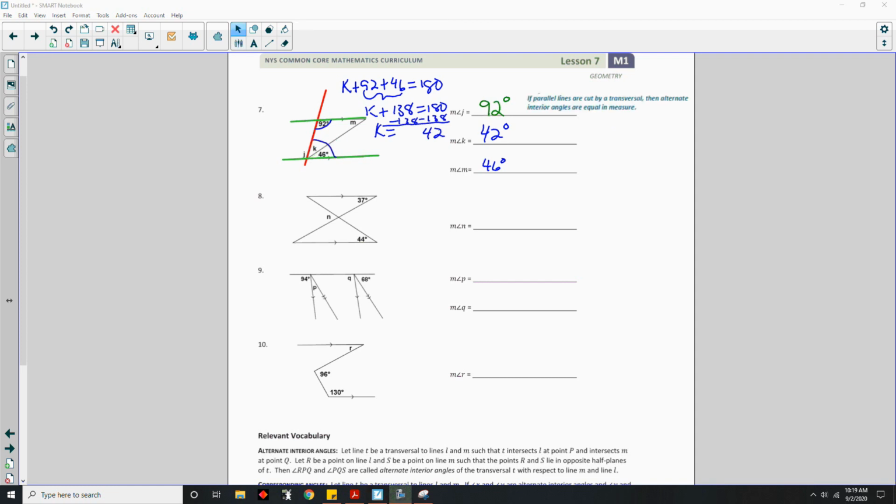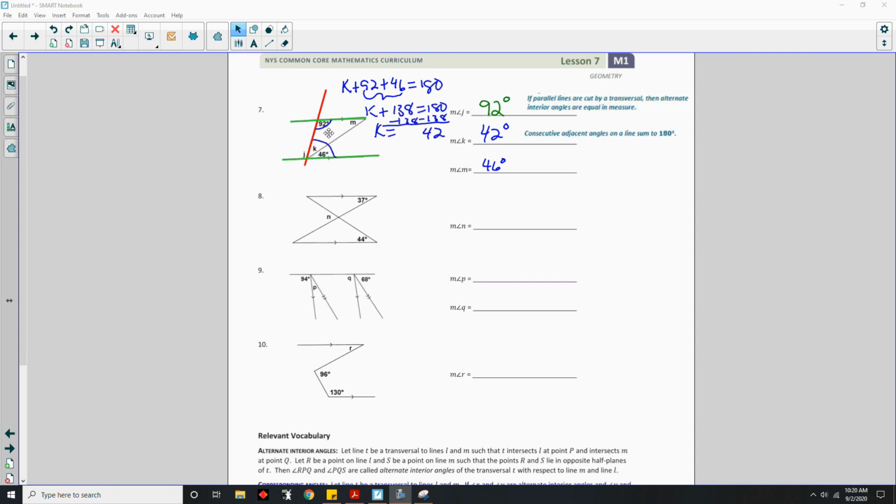The reason for 92 is if parallel lines are cut by a transversal, then alternate interior angles are equal in measure. Okay, for 42 degrees, this says consecutive adjacent angles on a line sum to 180. So what I could have also done is put 92 over here, 92 plus K plus 46 that way.